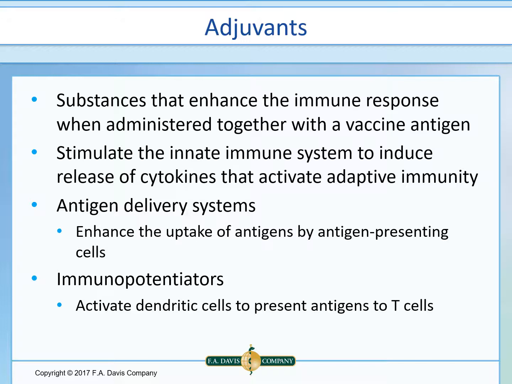Adjuvants can be classified as antigen delivery systems, which enhance the uptake of antigens by antigen-presenting cells, or they can be classified as immunopotentiators. These activate dendritic cells to present antigens to T cells in humoral or cell-mediated immune responses. In some vaccine formulations, the two types of adjuvants have been combined together.